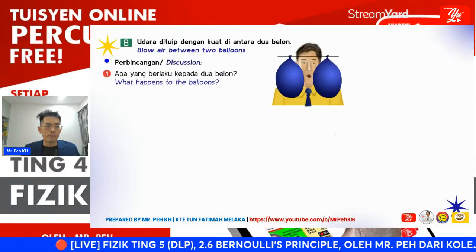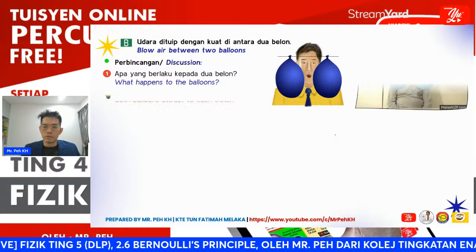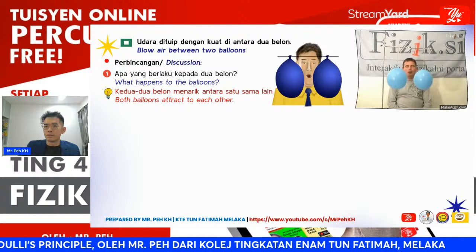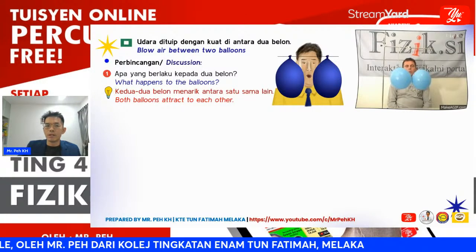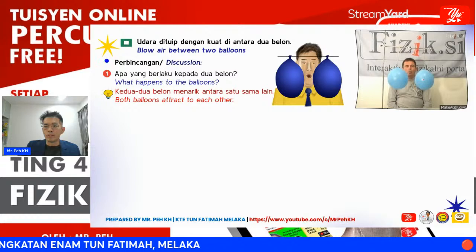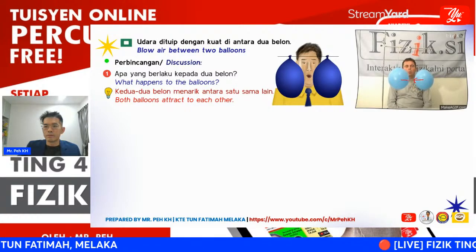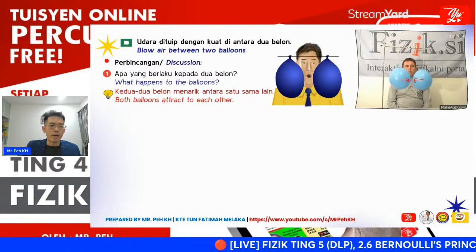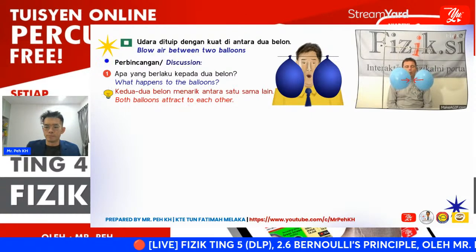So what happens to the balloons? You can see this is a GIF. The person is blowing between the balloons, and you can see the balloons attract each other. So the answer here: both balloons attract each other.